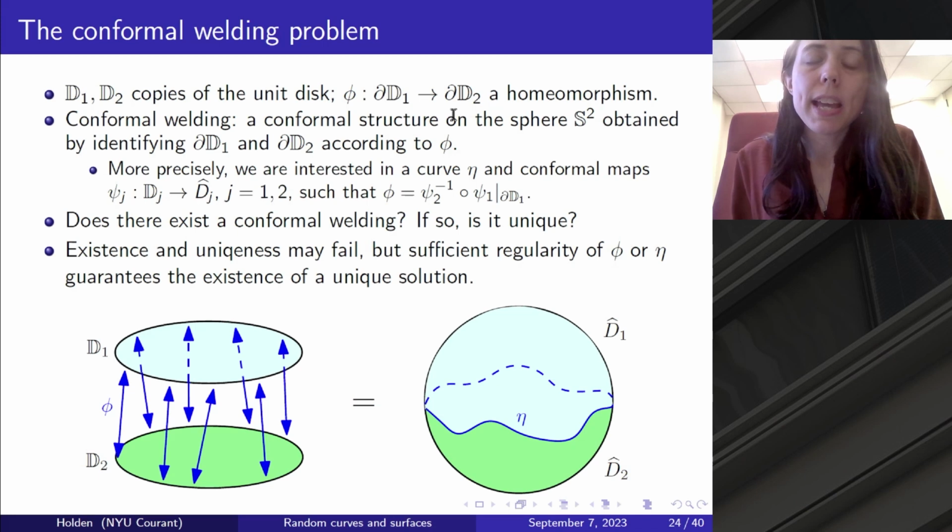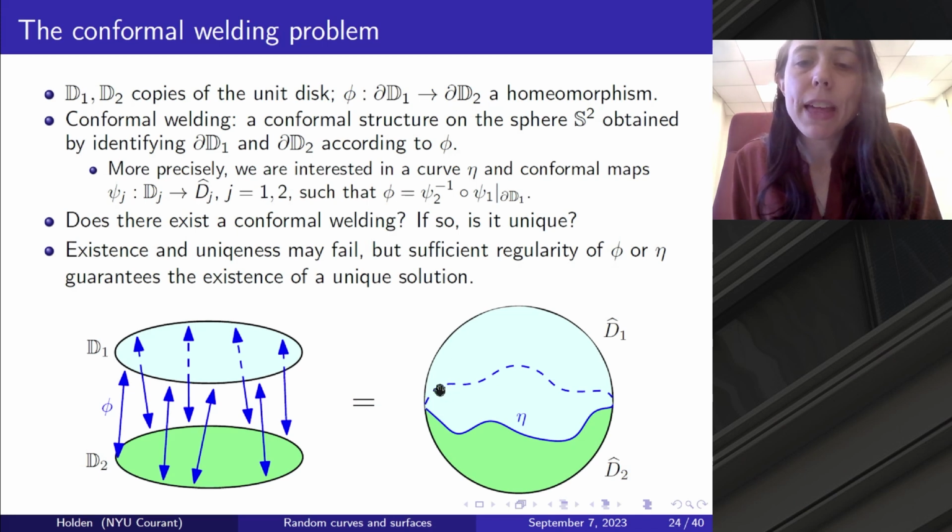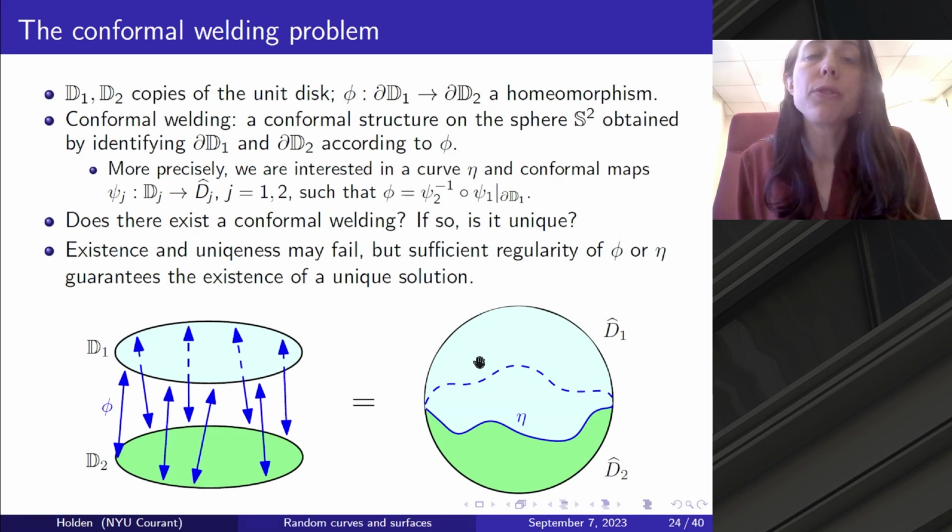When we're forming this sphere, it's clear that if we look at the sphere away from the curve eta describing the interface of the two original disks, then the sphere will have a unique conformal structure. This is the conformal structure which has been inherited from the disks D1 and D2.